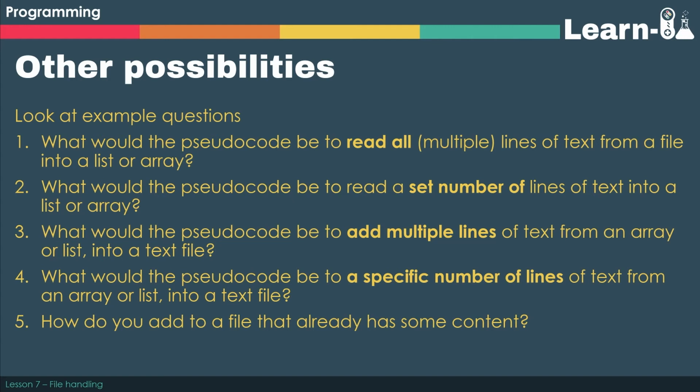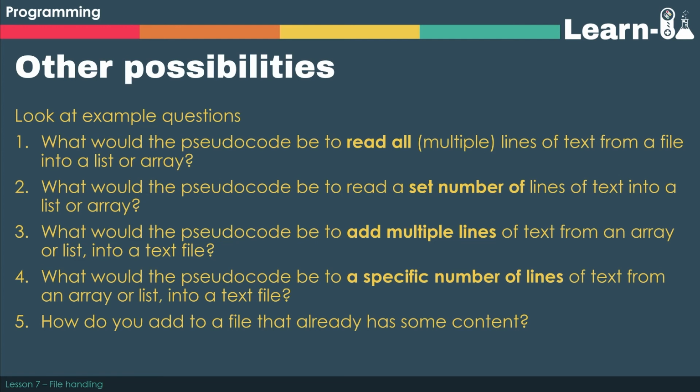So when you look at the example or whatever you are being asked to complete, you have to bear that in mind. So number 1 looks at how to read multiple lines of text into a list or an array. Number 2 looks at how to read a set number, so count controlled, into a list or an array. Number 3 looks at how to take data that's already in an array or a list and pop that into the text file. And number 4 looks at how to write a specific number of lines from a list or an array into a text file.